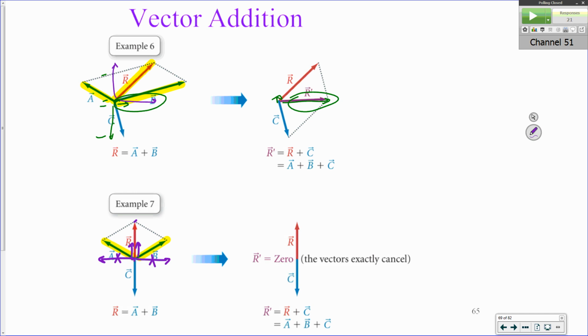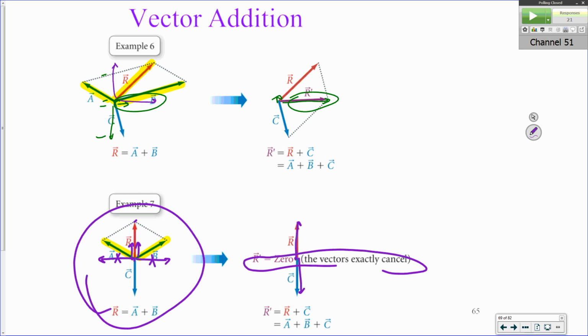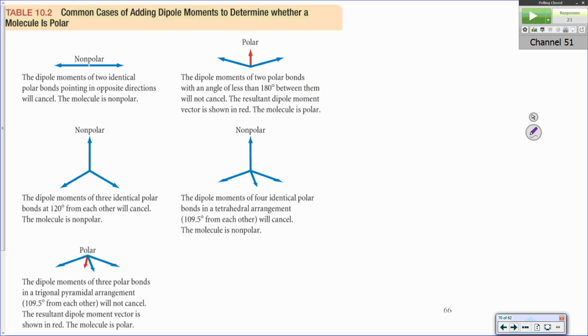But now I add this up vector and this down vector, which is the same magnitude, and the result of putting something that's symmetrical together is that everything cancels out. It's zero. So whenever you have something that's perfectly symmetric, like a trigonal planar, and all the bonds are equal, it's going to be a nonpolar molecule. There's no net dipole moment. Everything cancels out. Right? That's a very simple introduction to vector addition.